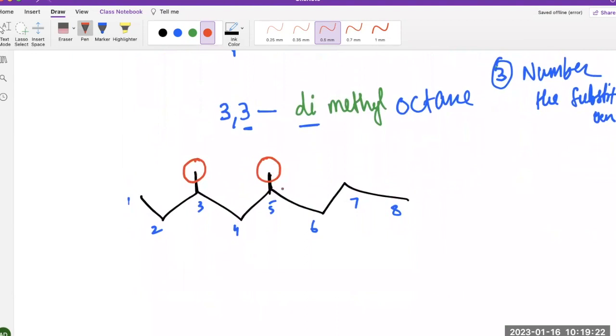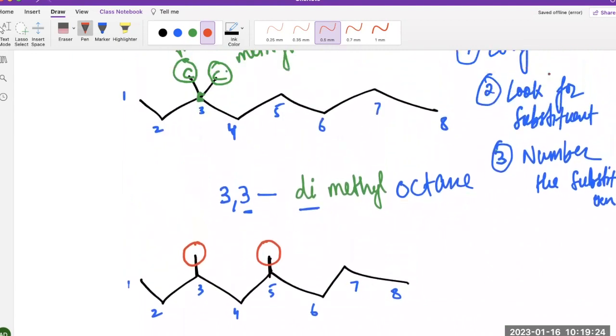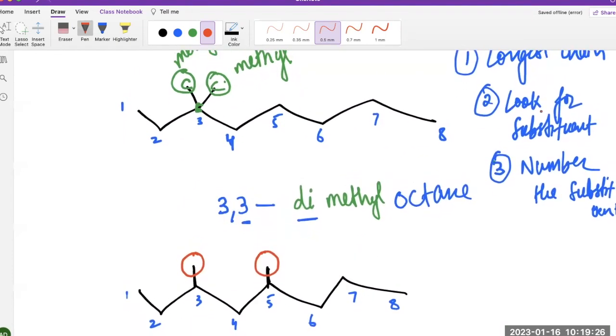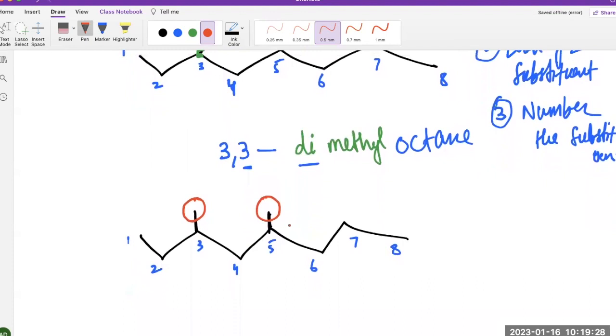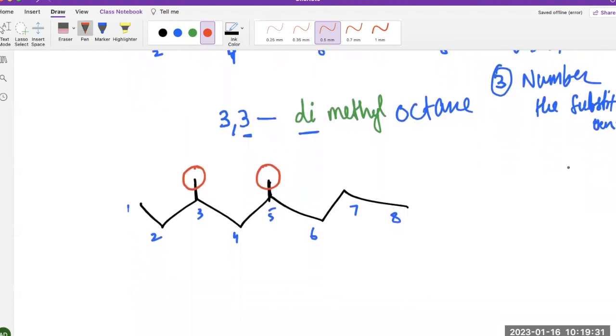Now, again, going back to the rules, first, longest chain, done. Second, look for the substituent, done. Third, number the substituents, or basically number the branch point, same thing, okay? So the substituents, they're getting 3 and 5 if I go from left to the right.